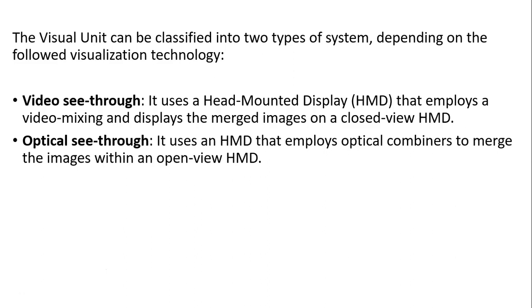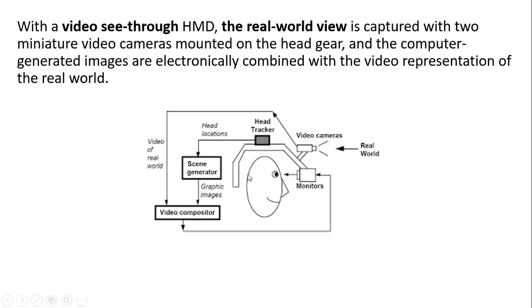Then comes the optical see-through, the second type. In optical see-through, it uses an HMD that employs optical combiners to merge the images within an open view HMD.